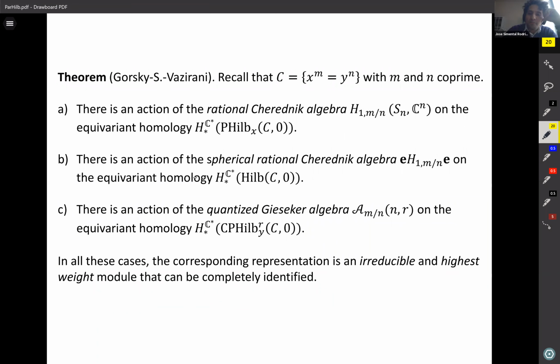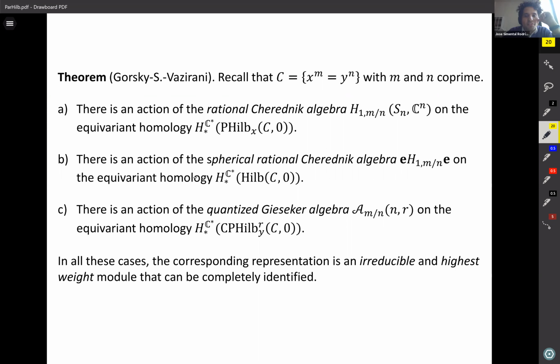Then I have actions of interesting algebras in the equivariant homology of the different parabolic Hilbert schemes. Namely, I have an action of the rational Cherednik algebra of type A with parameter M over N on the equivariant homology of the parabolic Hilbert scheme normalized in the x direction.